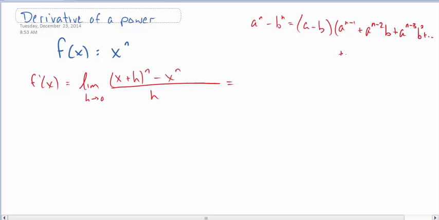It's a lot like the binomial expansion. We've used this factorization every time we factor a difference of squares, but this factorization is more general than that. It works for all differences of powers that have the same exponent. And we can use that in the numerator.